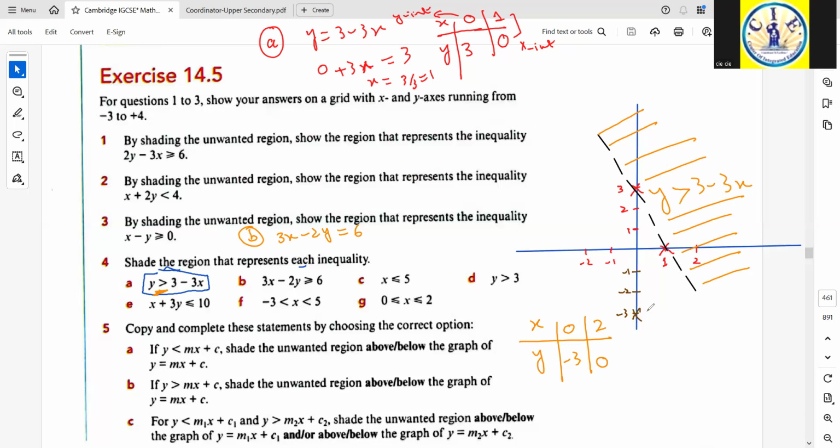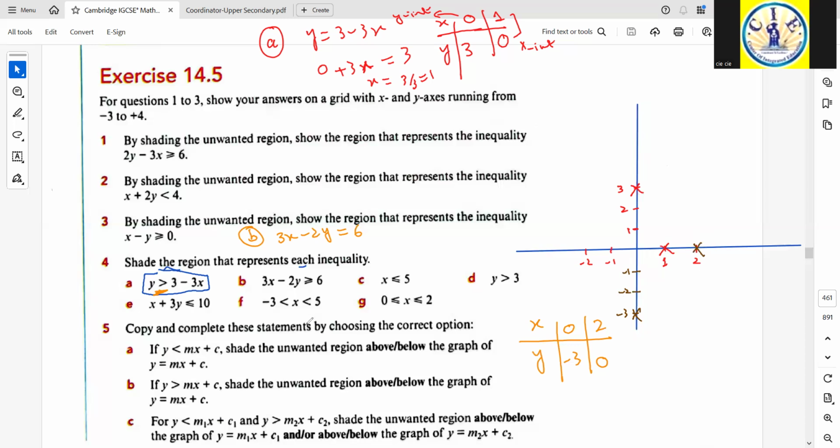Then x 2, y 0. For that, let me erase the previous work. This point is here, x 2 and y 0.